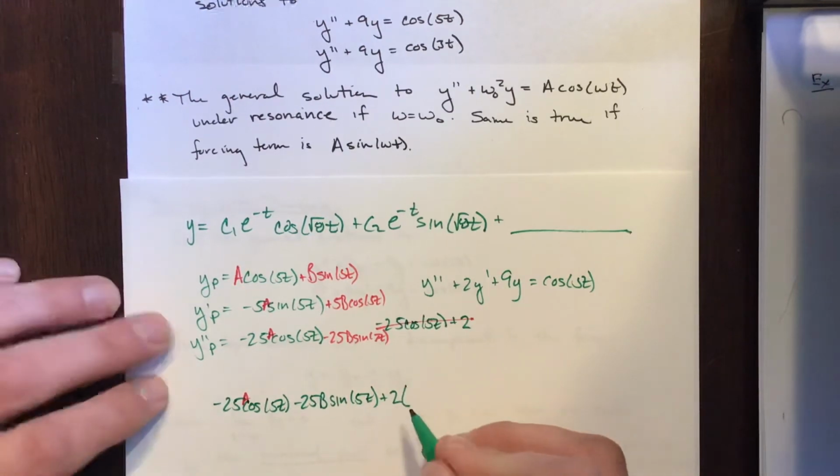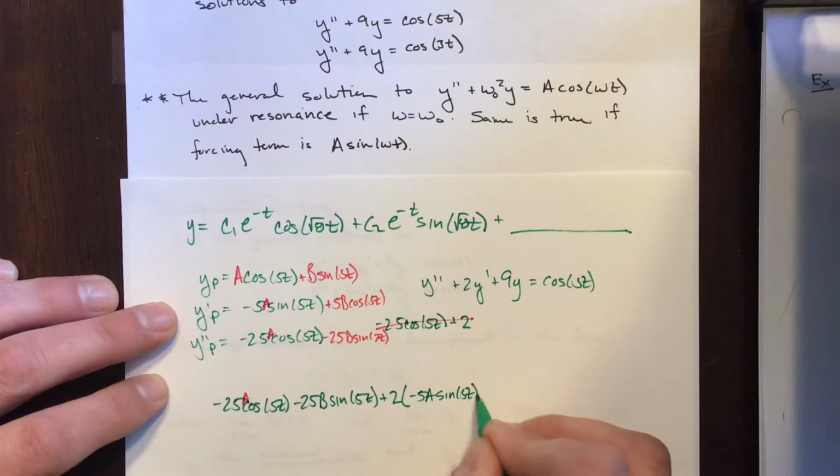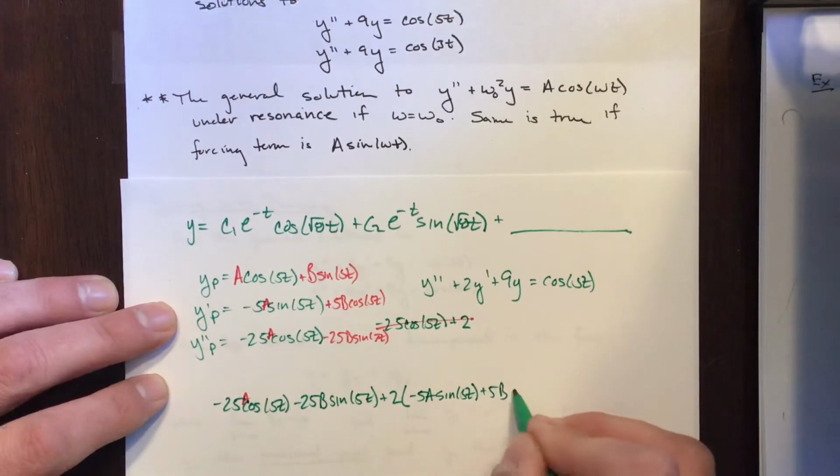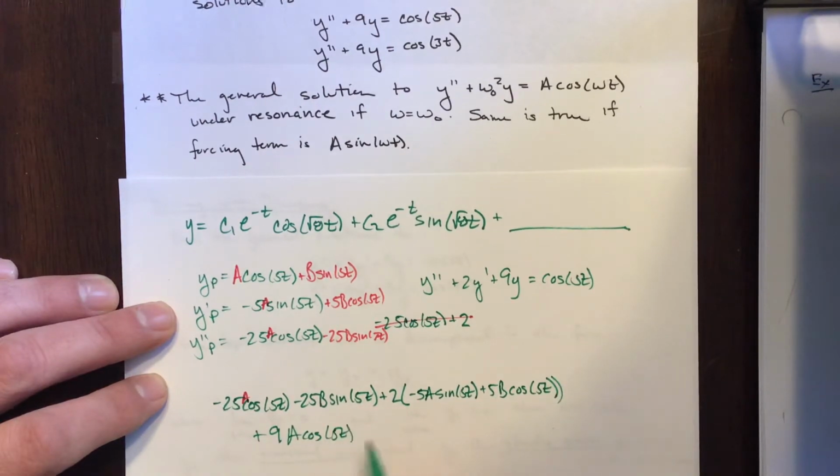What's y prime? It's minus 5a sine 5t plus 5b cosine 5t. And then we're going to add 9 times y. So 9 times y is 9a cosine 5t plus 9b sine 5t. And that's going to be equal to the cosine of 5t.